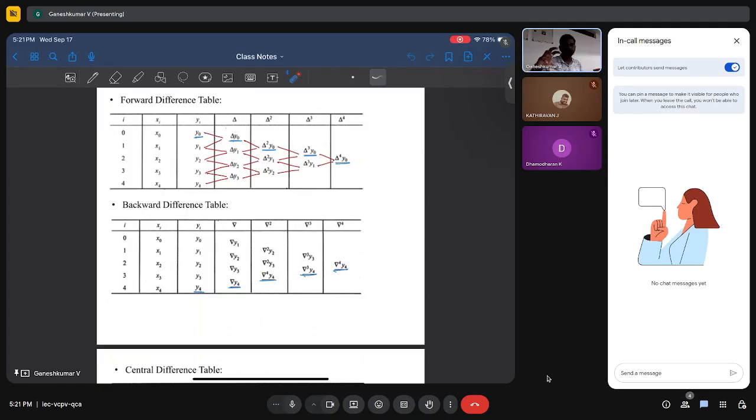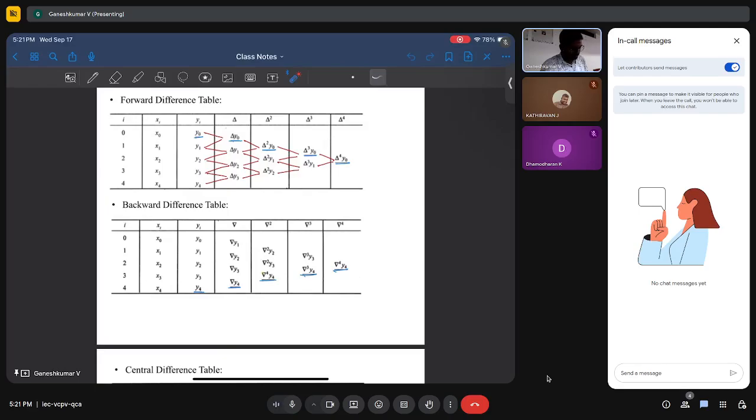If it lies in the later part of the table, then you can apply backward difference. You are not restricted to just forward or backward difference, but it would be better to apply forward difference to get a better interpolation value.